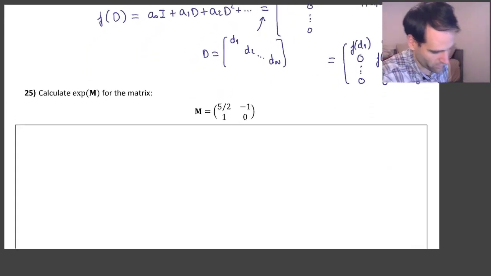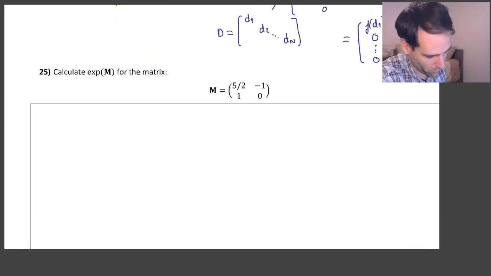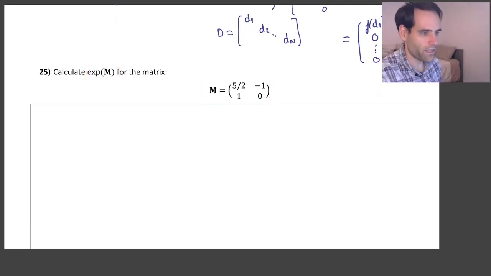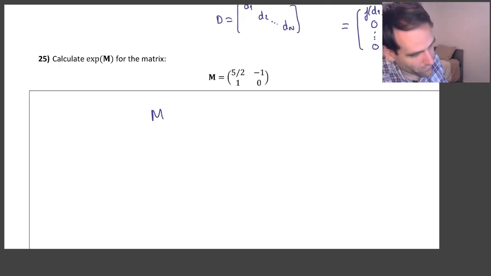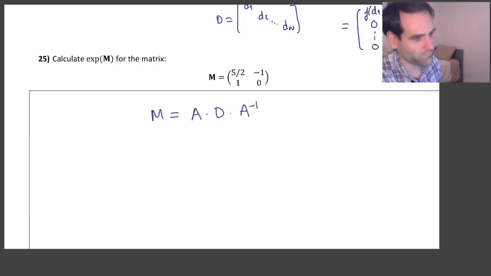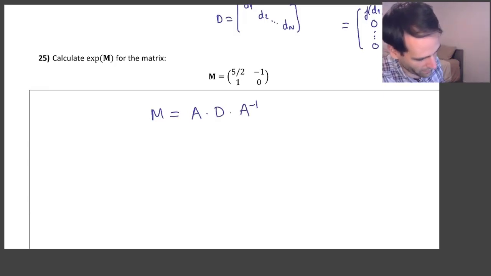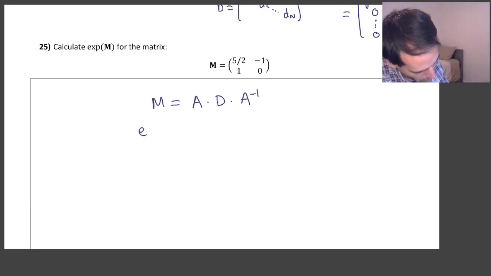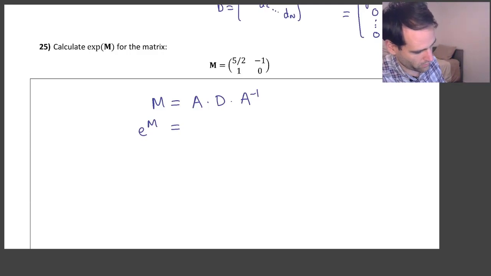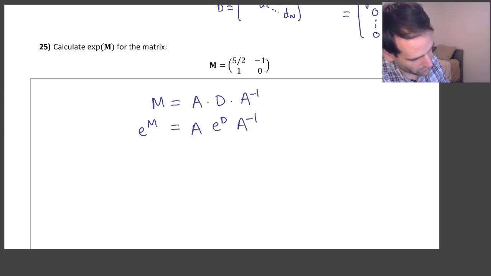So let's go straight into this example. Calculate the exponential of M for this matrix. Now, we know that matrix M is equal to A times D times A to the minus 1. And therefore we know that the exponential of M is going to be equal to A times the exponential of D times A to the minus 1.